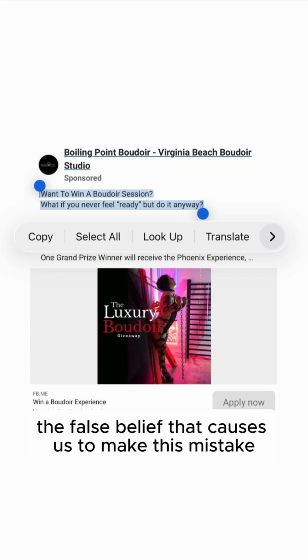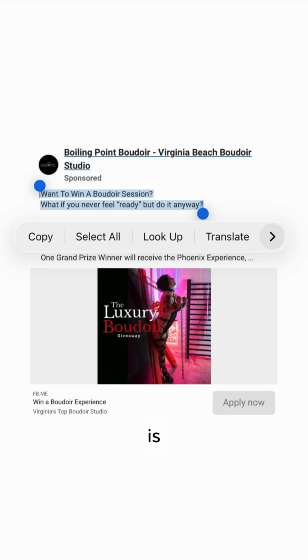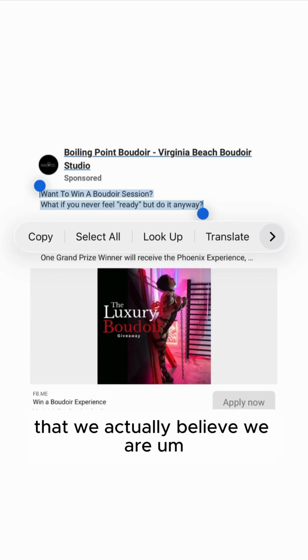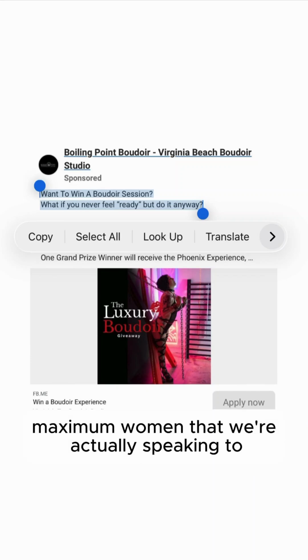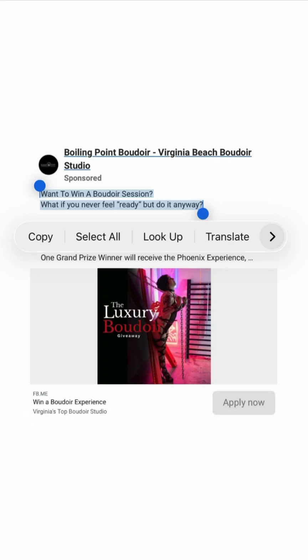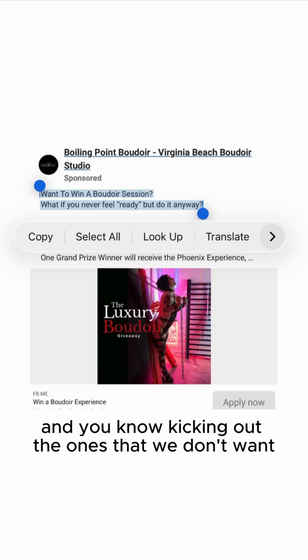The false belief that causes us to make this mistake is that we believe we've got enough context to call in the optimal number, the right number of maximum women that we're speaking to, instead of kicking out the ones that we don't want clicking on our stuff.